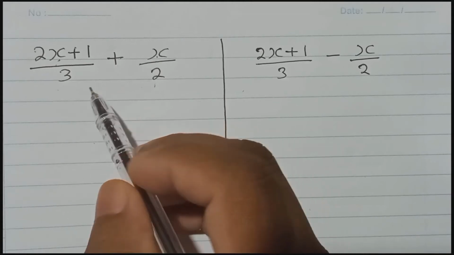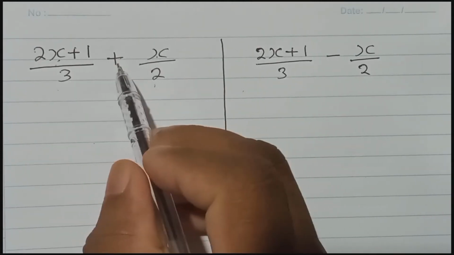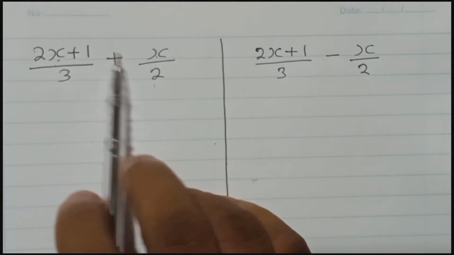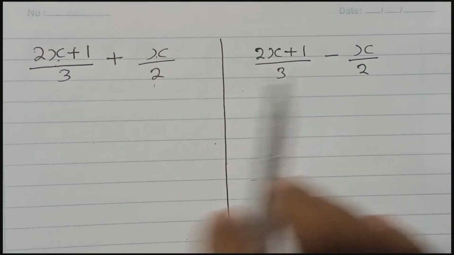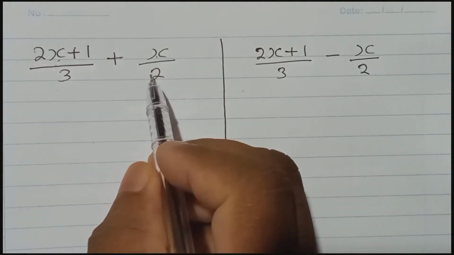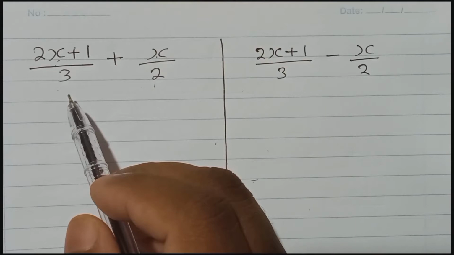Here, when we have these two fractions, please check whether you have to add these two fractions or subtract. If you have to add, then try to make the same denominator. If you already have the same denominator, then it's okay. Otherwise try to make the same denominator.